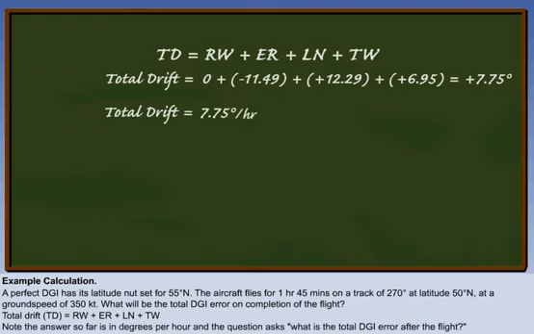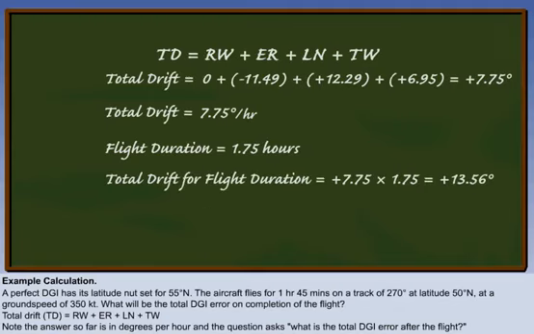Remember, our answer so far is in degrees per hour, and our question asks, what is the total DG error after the flight? The flight has lasted 1 hour 45 minutes, so the answer to the question is 1.75 times the total hourly error, which gives us plus 13.56 degrees.